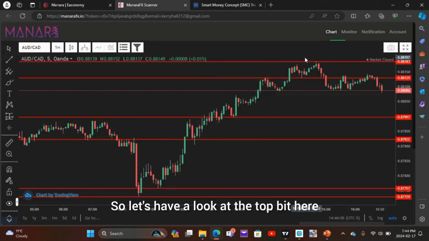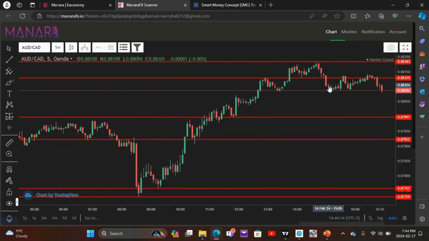Let's have a look at the top bit here. If you take a look, the market came to this level and then it bounced back, didn't it? And it came to this level right here and it bounced back, right?